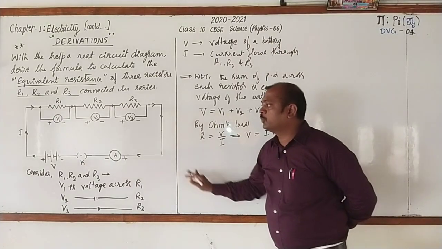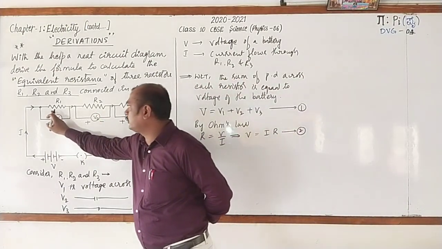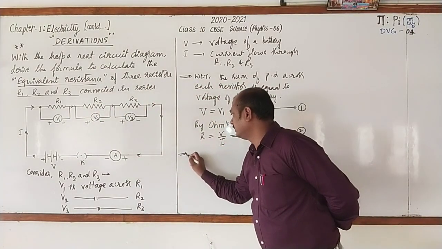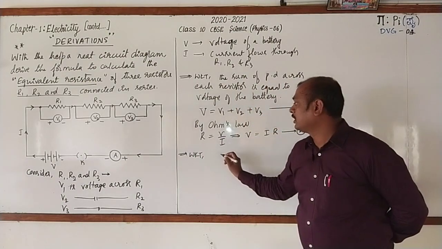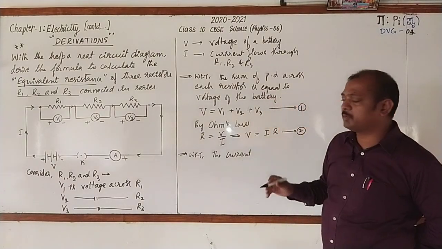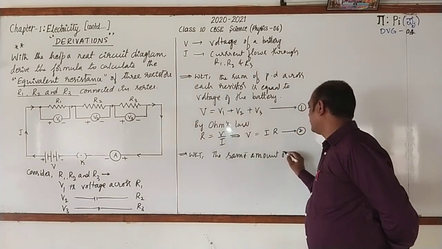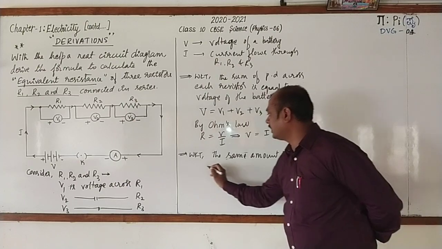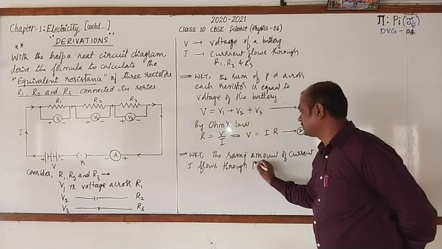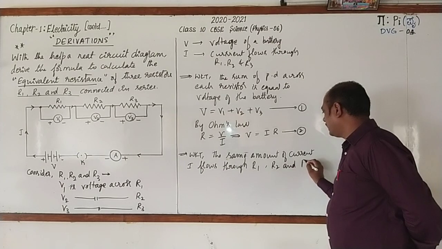As we know, once the electric current is constituted in the circuit, the same amount of electric current flows through R1, R2 and R3. I'll write that in case of series connection, the same amount of current, that is I, flows through R1, R2 and R3.